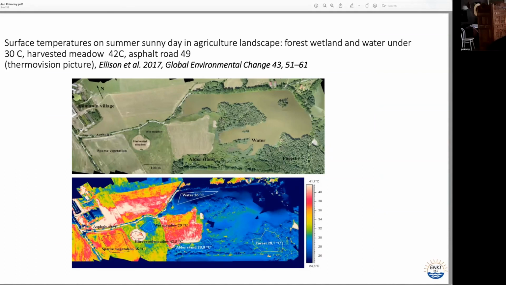So in a normal agricultural landscape, we have temperatures from 30 degrees in full sunshine, like water, wetland, forest, up to 40, which is a cut meadow, or over 40, which is a road. Next one.